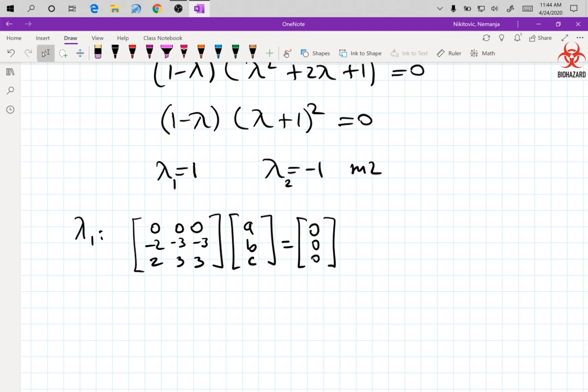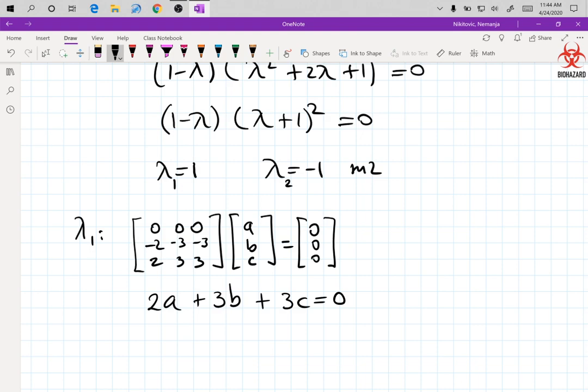Pick any of these rows. You can pick the last row. That's 2A plus 3B plus 3C equal to 0. And now we're looking for vectors, right? So what vector would make this? Now remember, this is a distinct one, so we just need to find one vector and we're good to go.